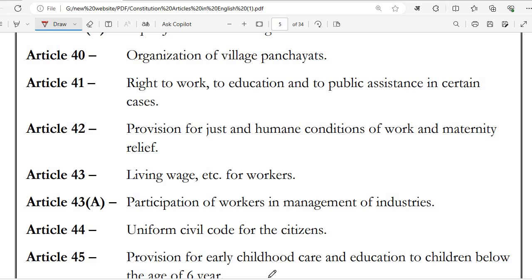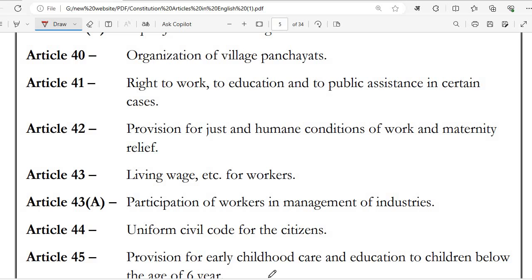Article 44 directs the state to implement a uniform civil code for all citizens. In criminal cases, we already have uniform criminal justice, but this is the civil code. You know, in India, all the religious communities have different types of civil codes.